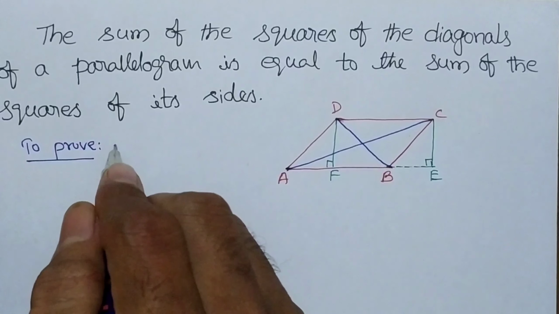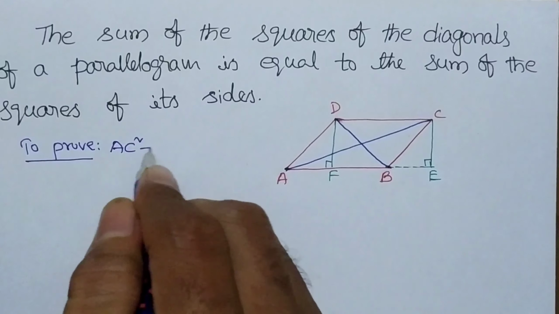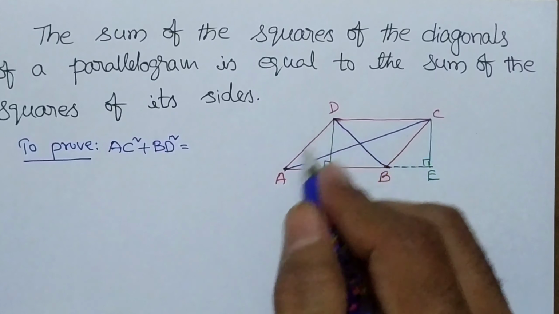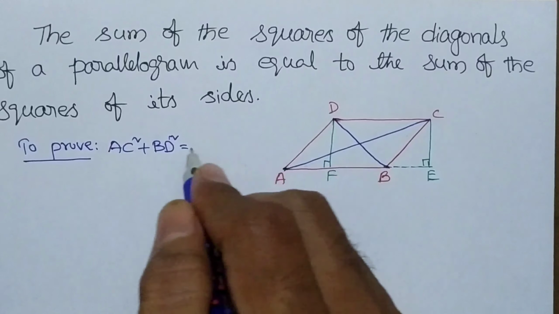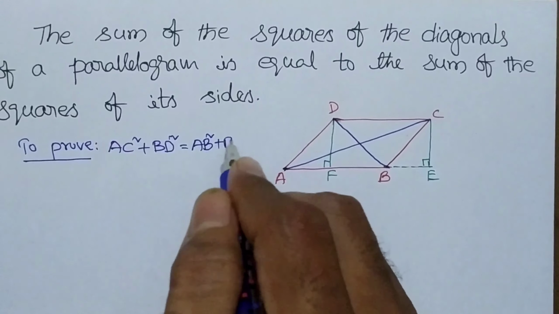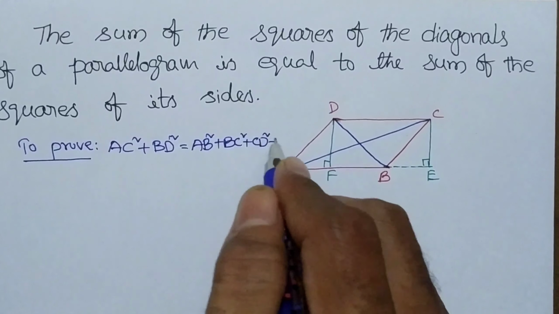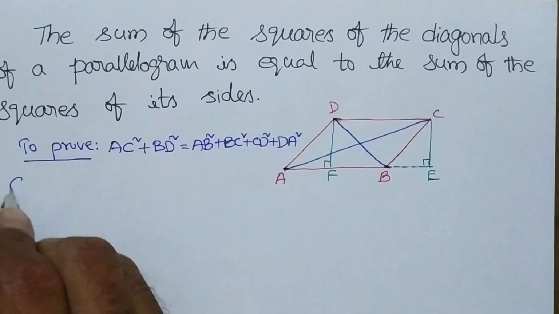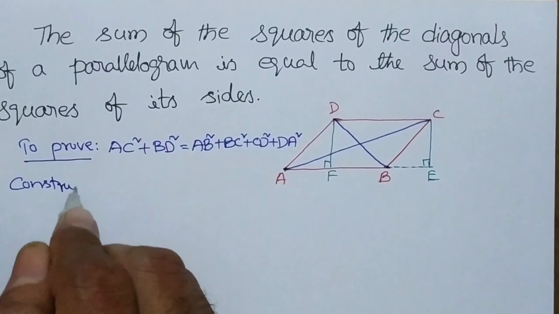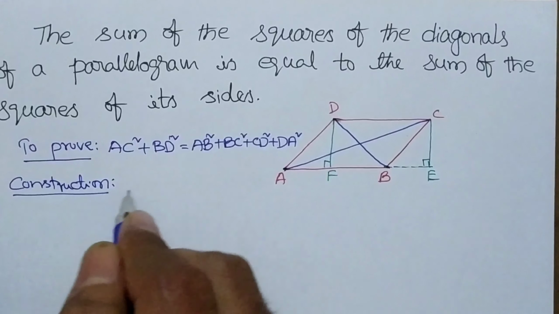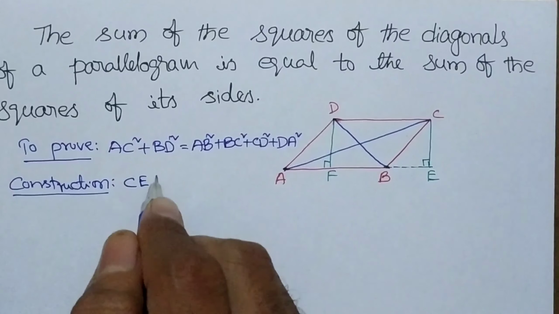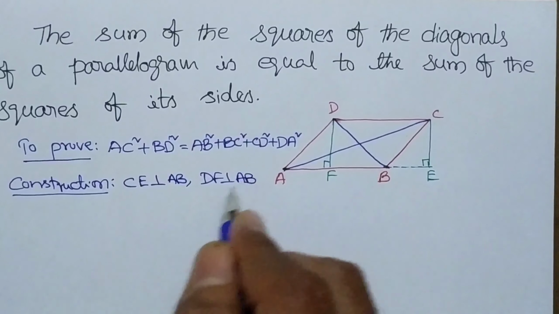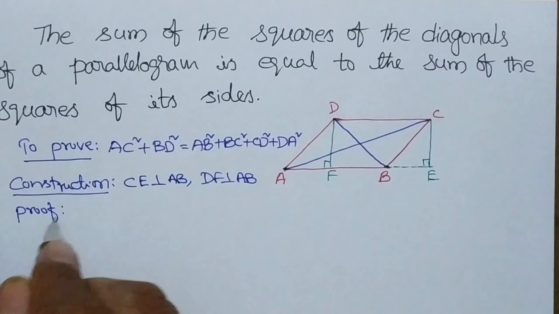So sum of their squares means AC square plus BD square should be equal to sum of the squares of all the sides of the parallelogram, means AB square plus BC square plus CD square plus DA square. Right. Now here let us see construction. Already we have done it. CE perpendicular to AB, also DF perpendicular to AB. Now let us start the proof.